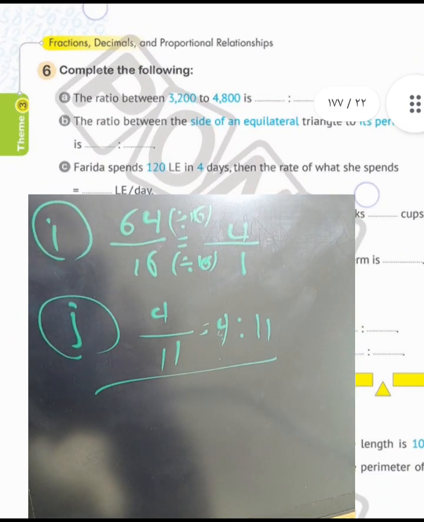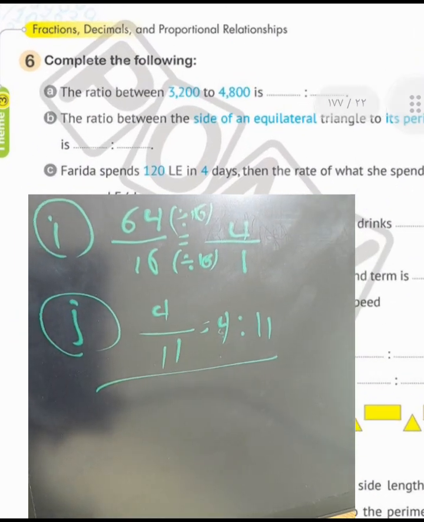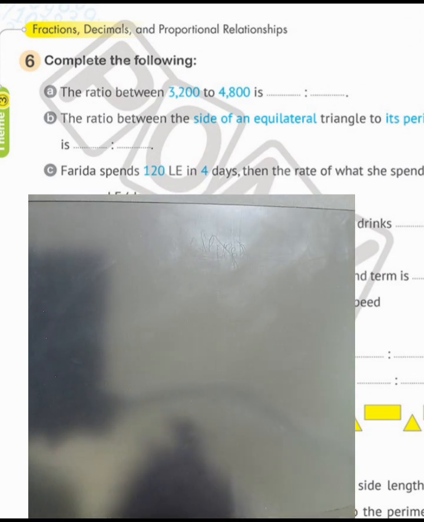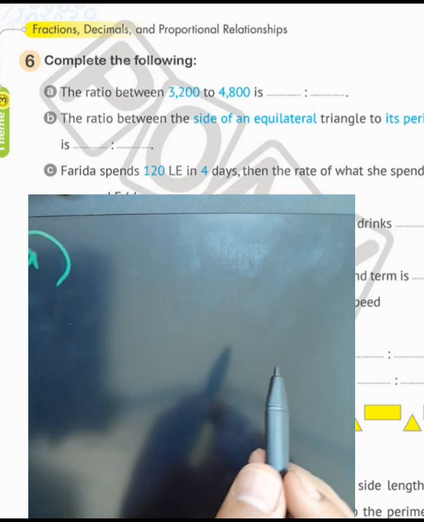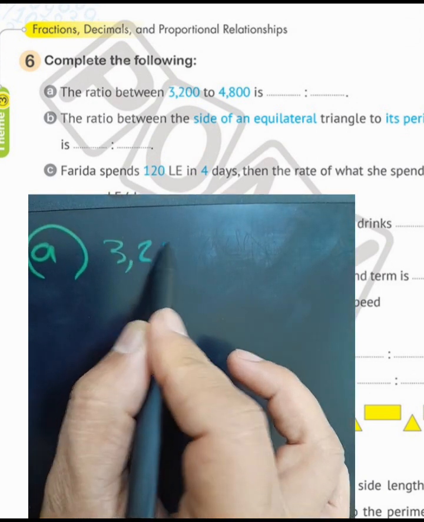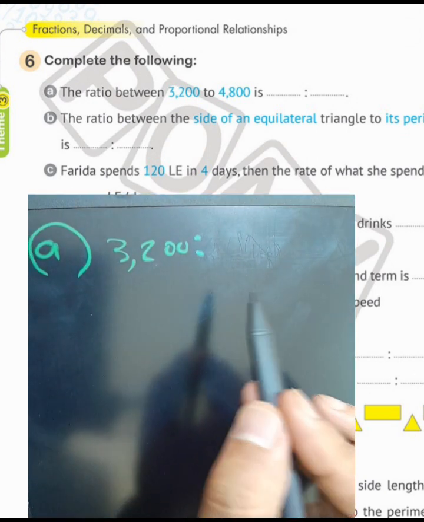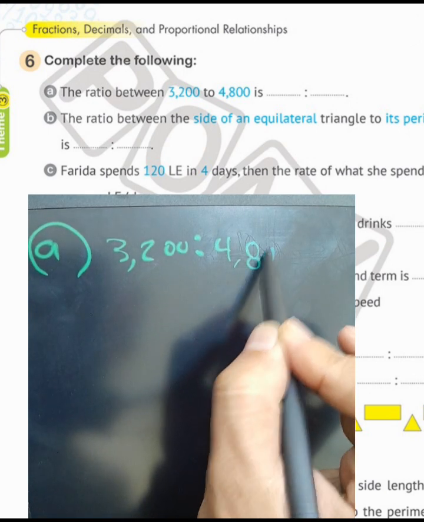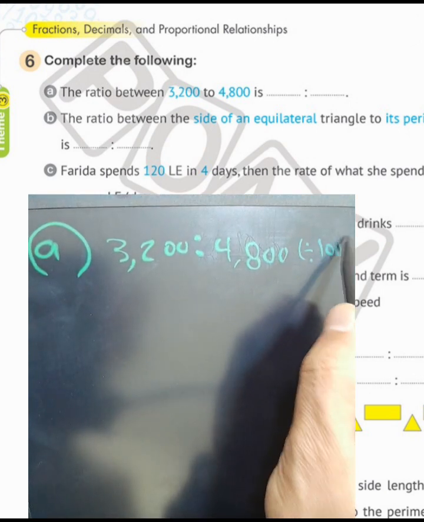Question number 6, complete. Letter A. The ratio between two numbers 3,200 and 4,800. We can simplify it first by dividing by 100.